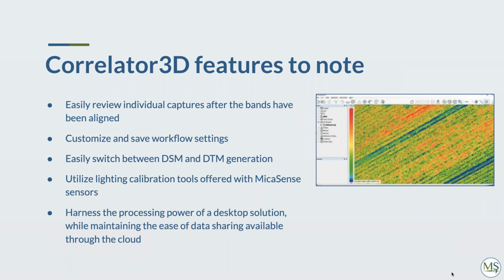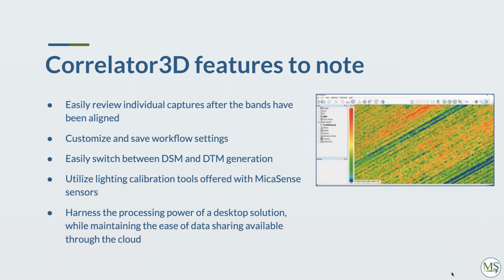As I said, the workflows are customizable, and you can save them and reuse them for many types of projects. They can also be scripted and launched in command line. The user also has the possibility to quickly generate orthophotos from the surface model or from the terrain model to see the difference between the two.